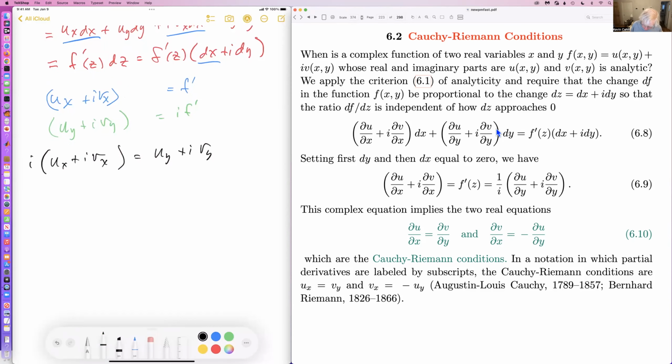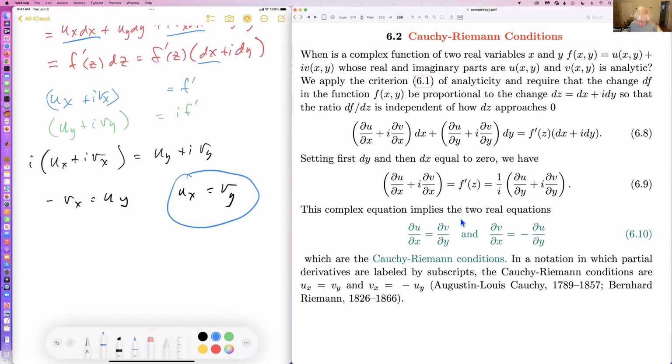So this is then minus v sub x is u sub y, and u sub x is v sub y. And I hope these are the conditions over here. u sub x is v sub y, that's this condition.